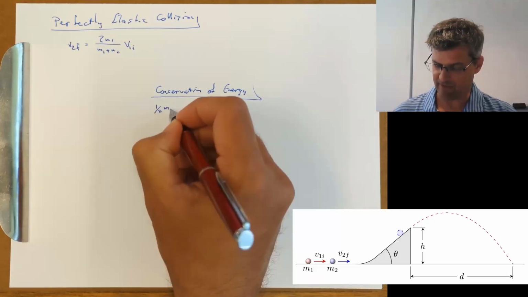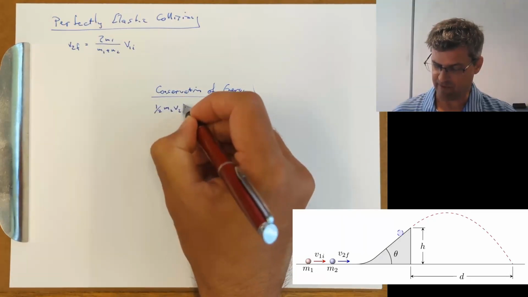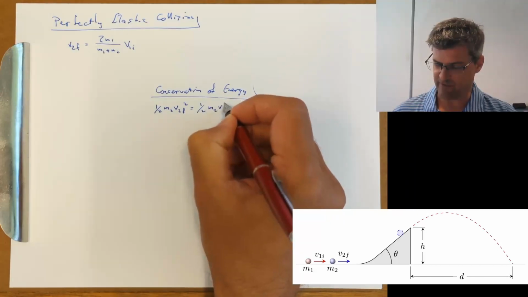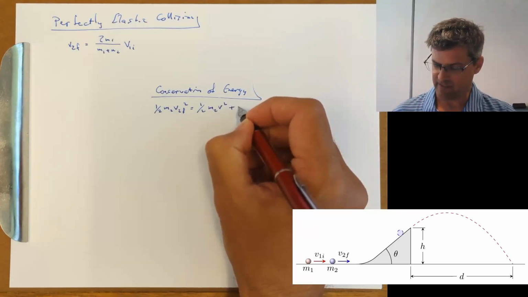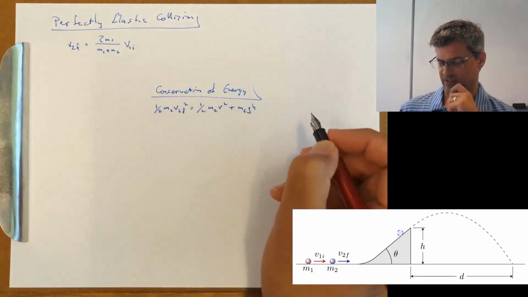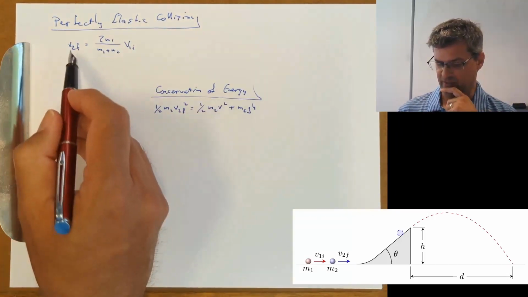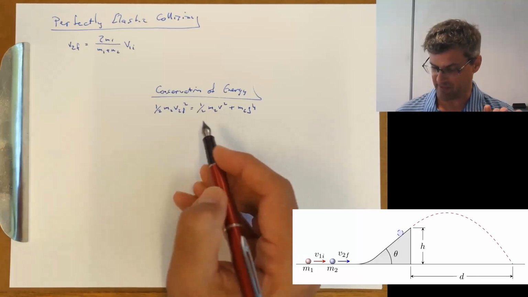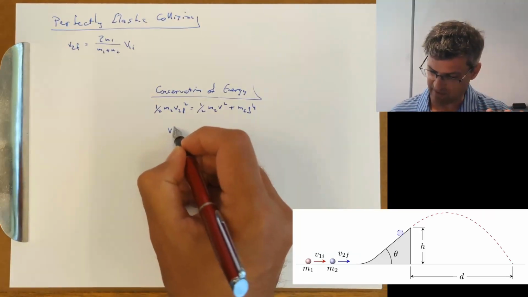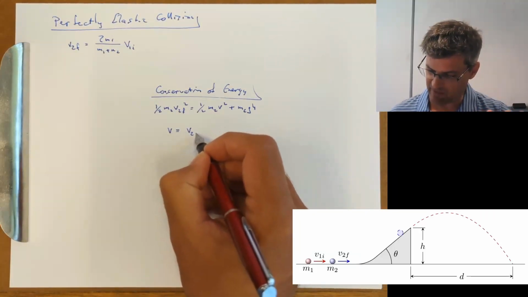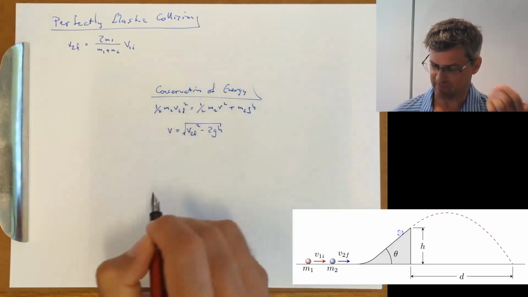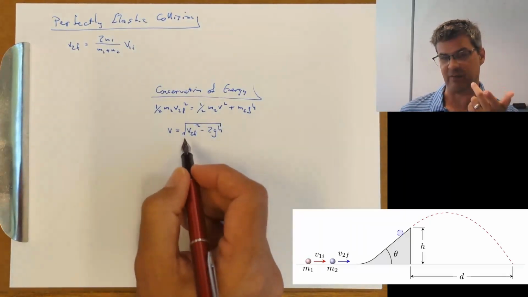Once again, 1/2 m2 v2 final squared is equal to 1/2 m2 v squared plus m2 gh. So if I know v2 final, I could plug it in here and find out what v at the top of the ramp is. Notice here that v is going to be the square root of v2 final squared minus 2gh. That's going to be the speed at the top of the ramp.